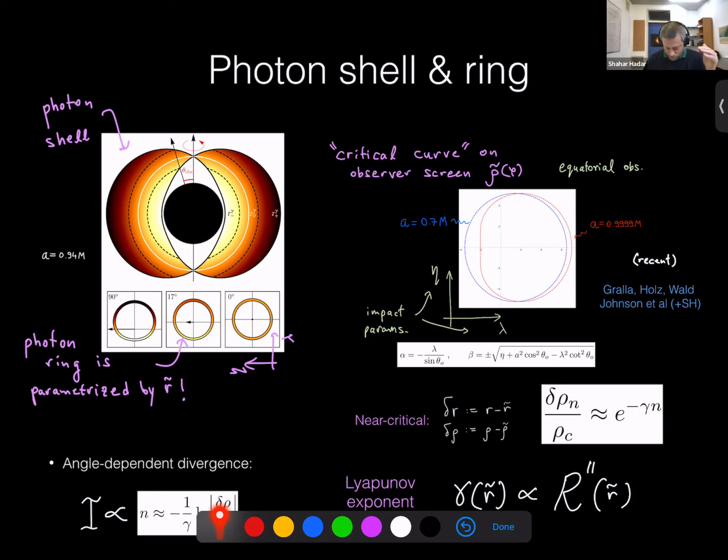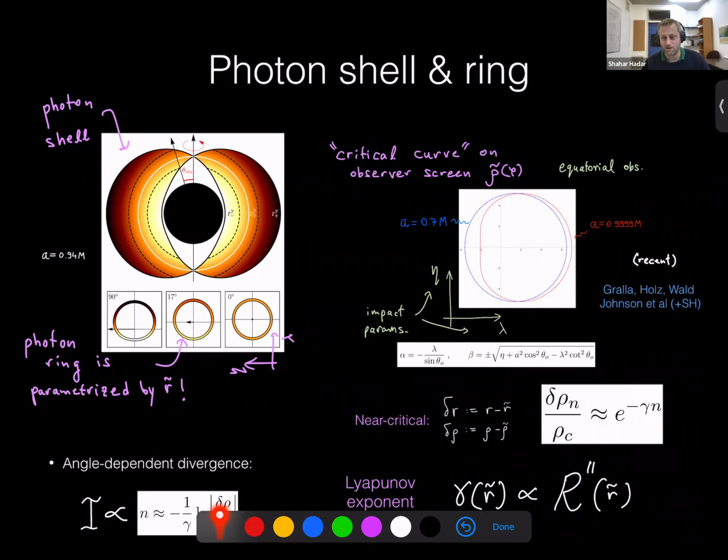And now we're talking about what happens on the screen. It's a delicate point, but there are both orbits that stay at the same radius and orbits that come from infinity and asymptote to this radius, or the other way around, ending up at infinity, where in the far past they asymptoted to a photon shell trajectory, and they have the same impact parameters.